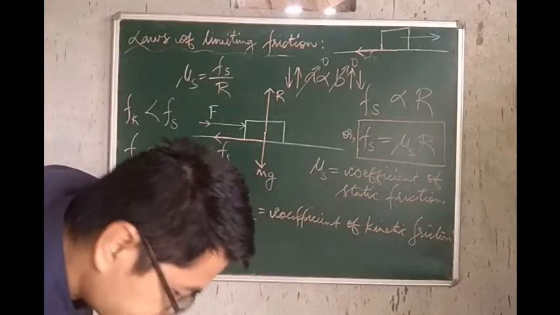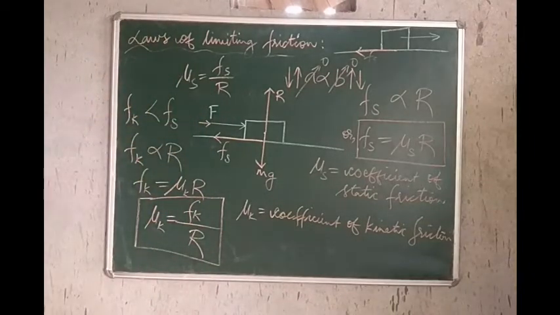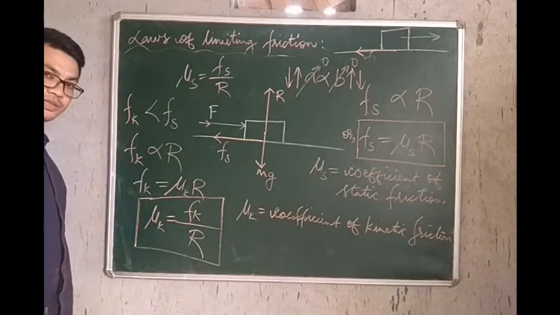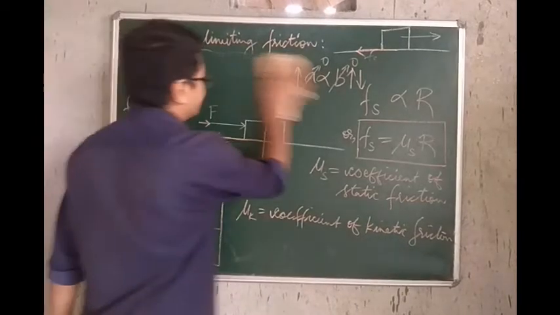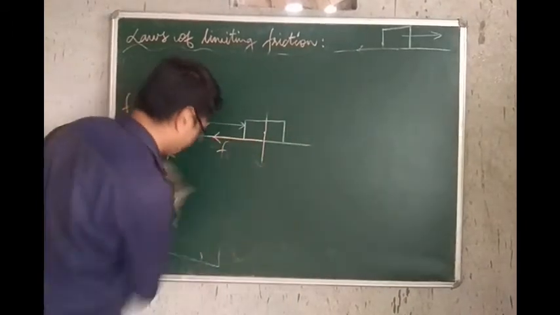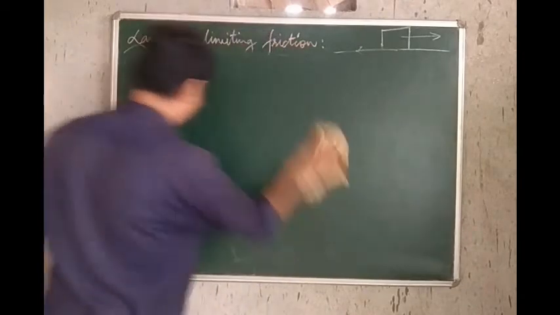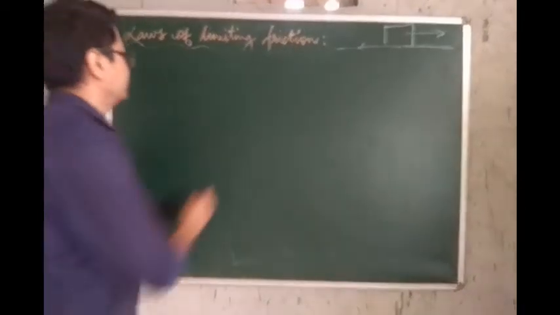Now, let me just give a look at this graph. We have a graph. I hope you've copied this. You can pause the video and copy this, because I'm going to erase it now. So there is this graph that you need to draw.